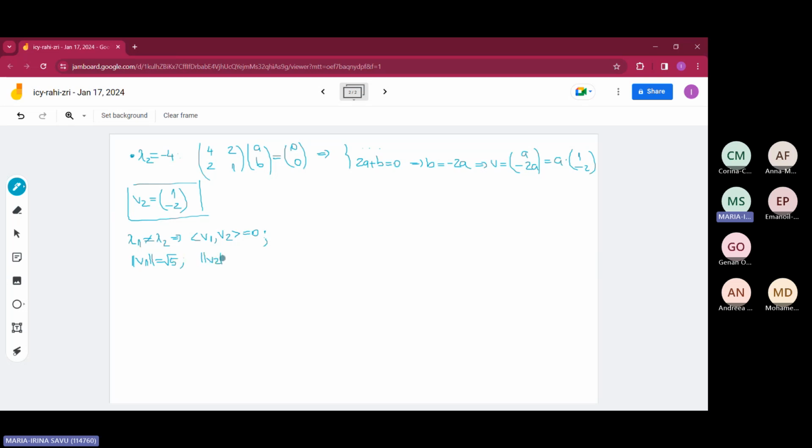The norm of V2 is square root of 5. So we have two vectors, W1 and W2, which have norm 1. W1 is 1 over square root of 5 times (2, 1). And W2 is 1 over square root of 5 times (1, minus 2).